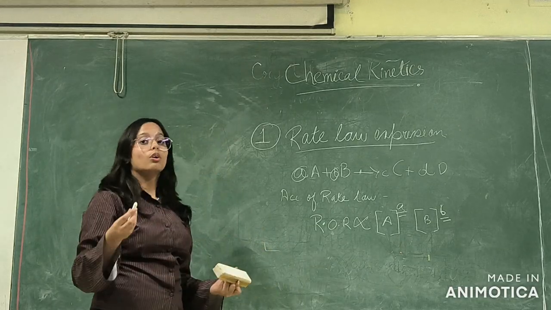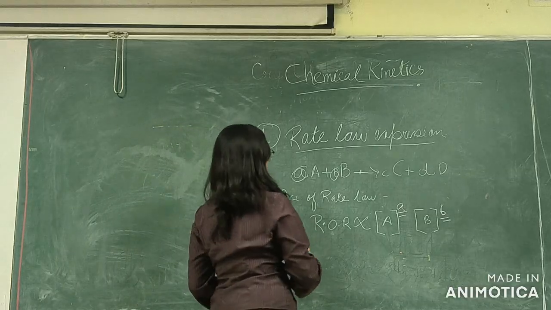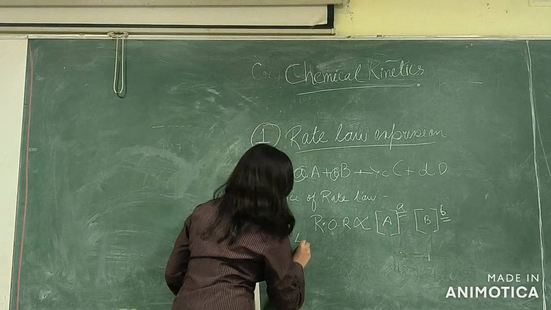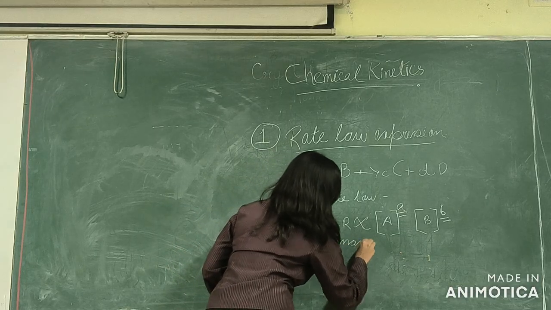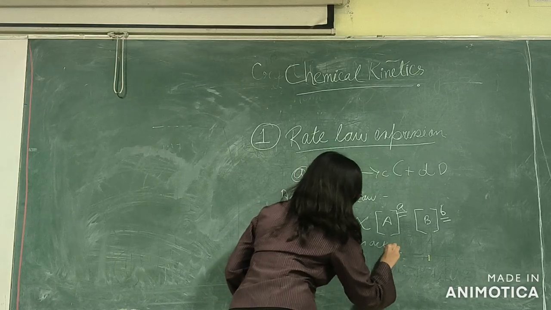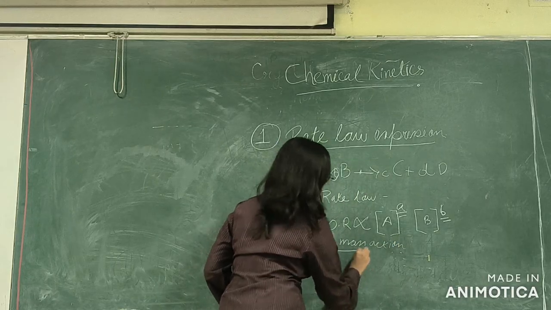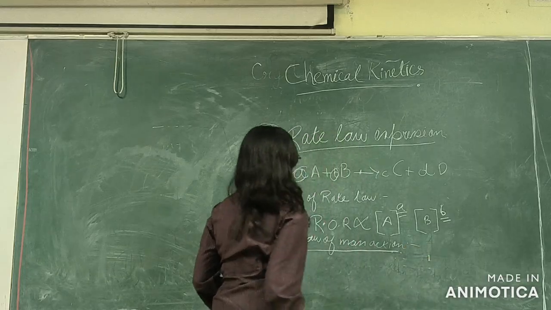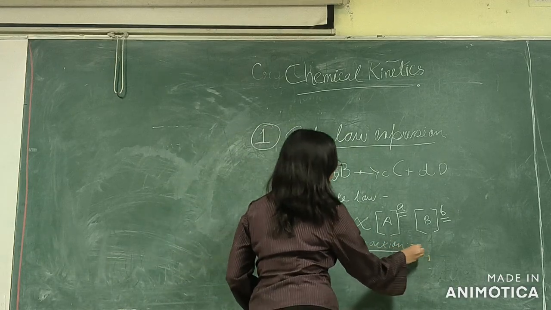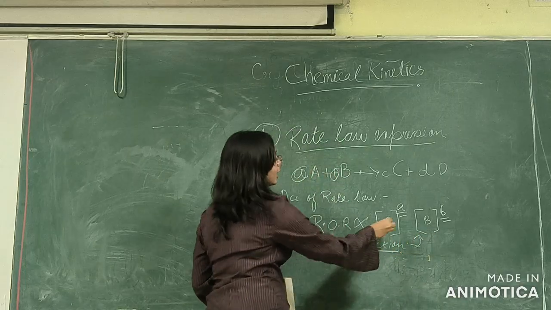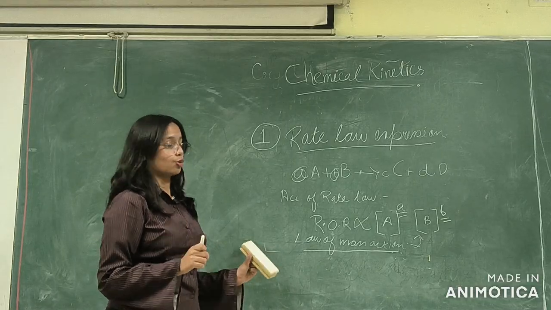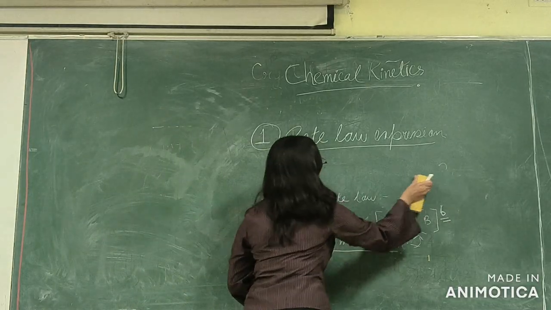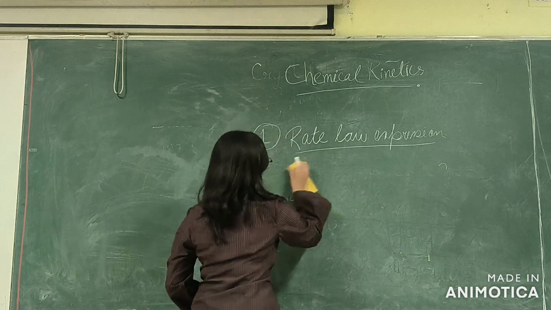But there is one more law, that is the law of mass action, which also gives us the same expression. But there the a and b are the stoichiometry. But here a and b are not the stoichiometry. So I will write some points for you to remember from this part.